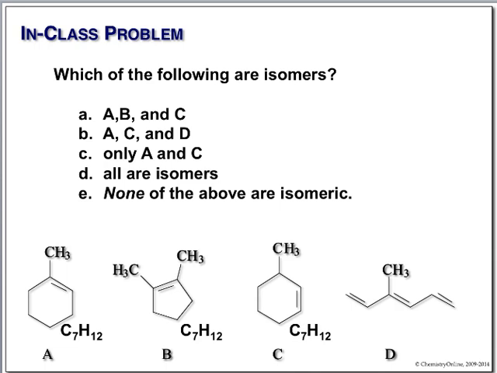Hydrogens, 1, 2, 3, 4, 5, 6, 7, 8, 9, 10. That one doesn't work. So, looking at our choices, A, B, and C are all isomeric. Any questions on it?